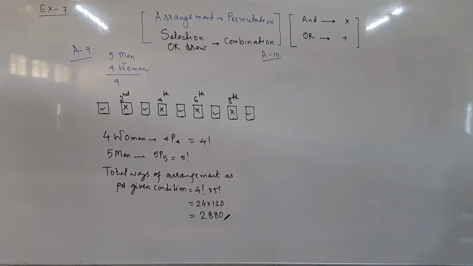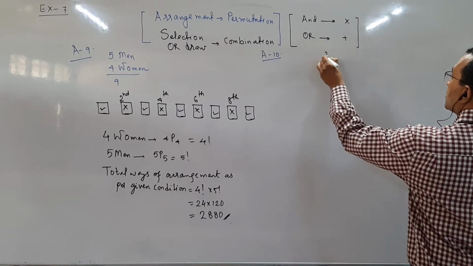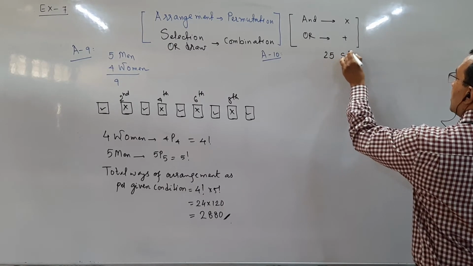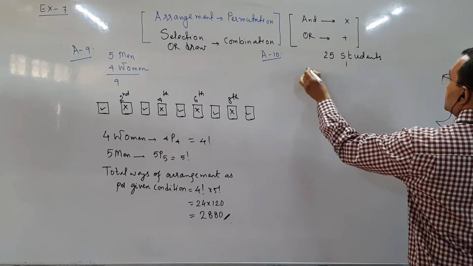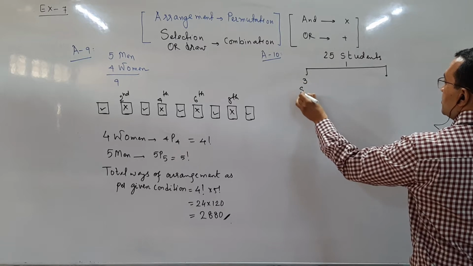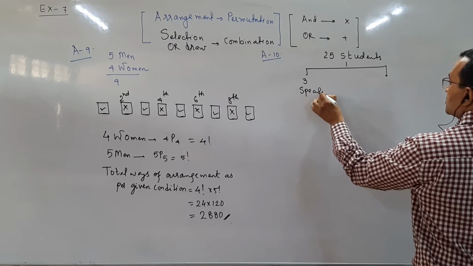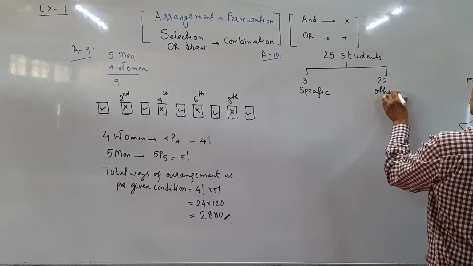Now we have a class of 25 students. Let us divide this into 2: 3 specific students and 22 others.